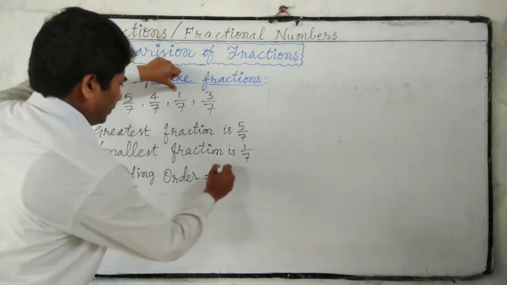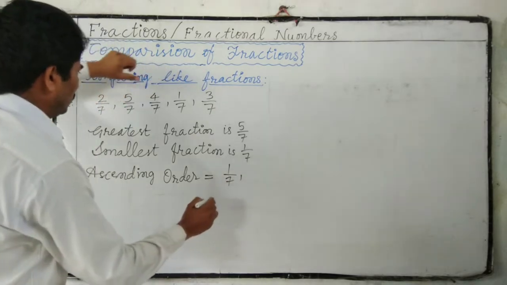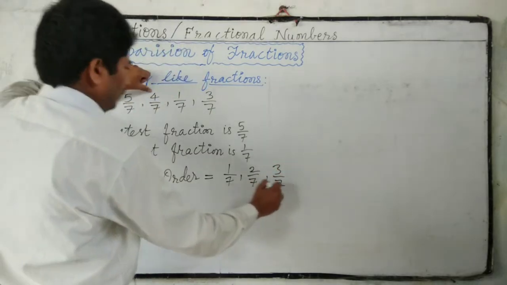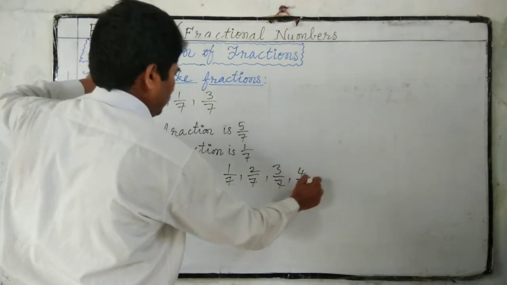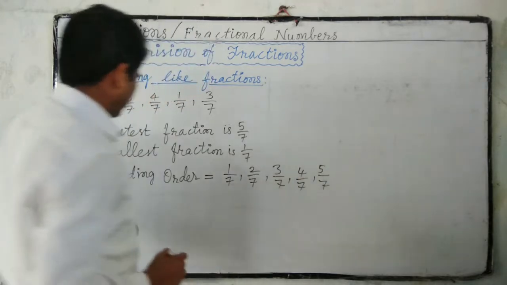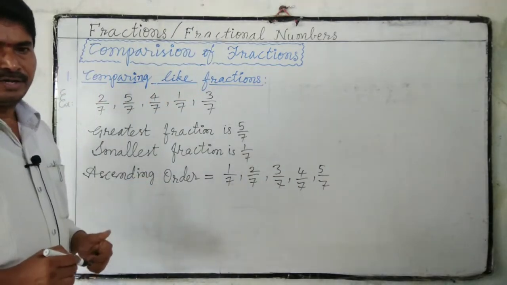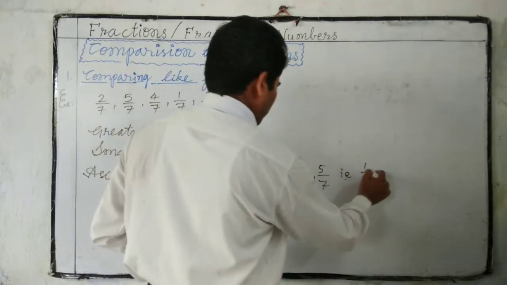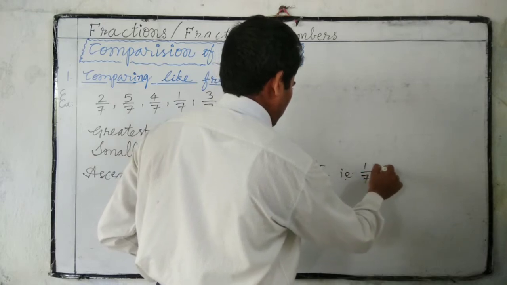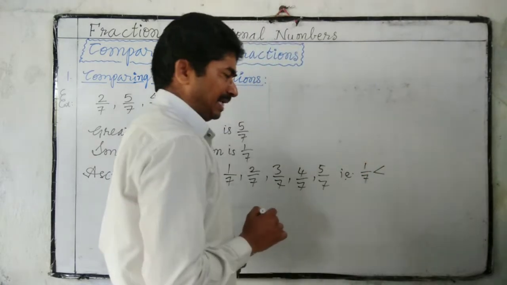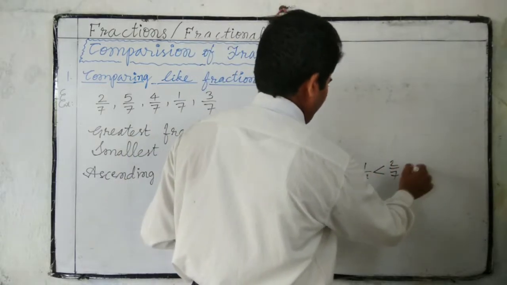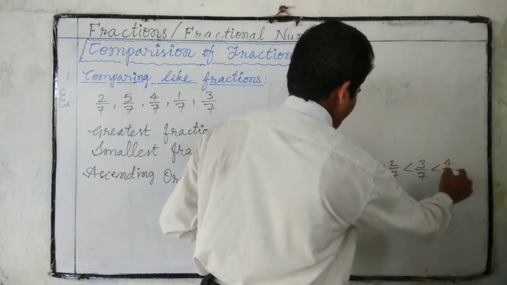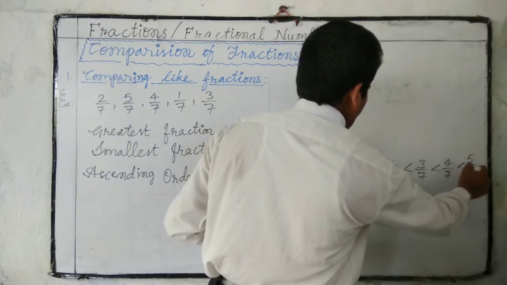So this is the smallest fraction, 1 by 7, 2 by 7, 3 by 7, 4 by 7, 5 by 7. So this is the ascending order of arrangement. And also we can write like this: 1 by 7 less than 2 by 7, less than 3 by 7, less than 4 by 7, less than 5 by 7.